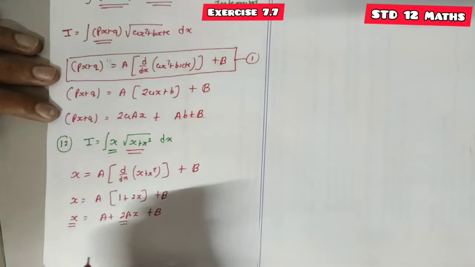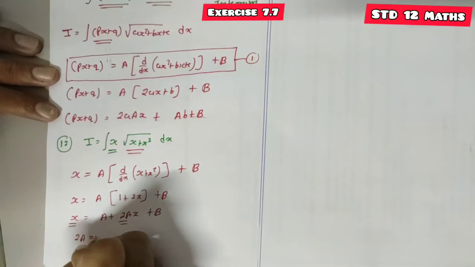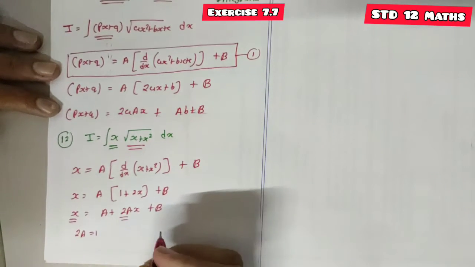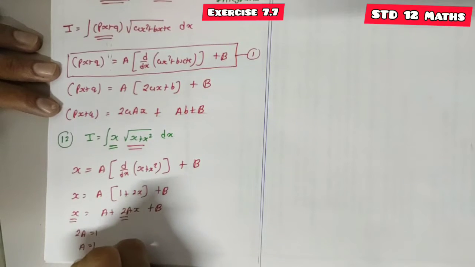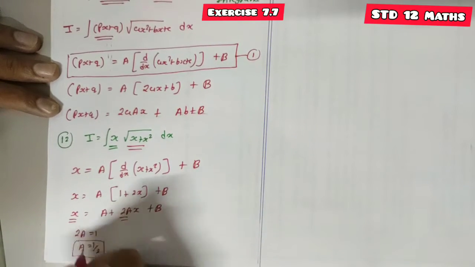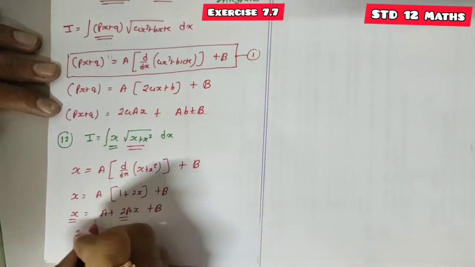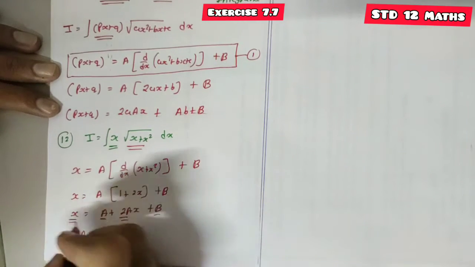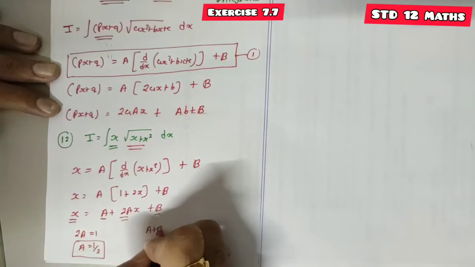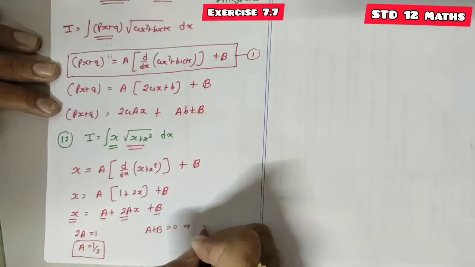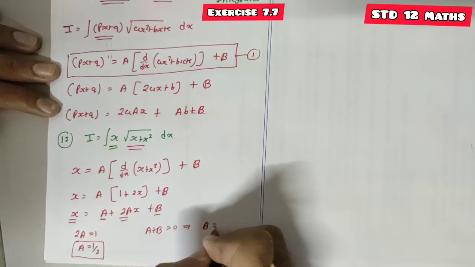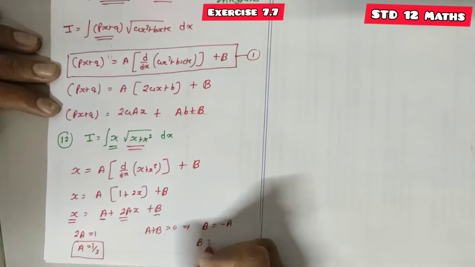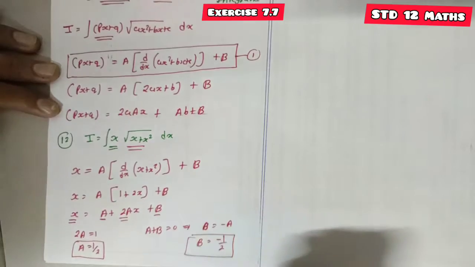And therefore we can write 2a equal to 1, and therefore a equal to 1 by 2. And this a plus b, compare with the left hand side, which is constant term, so it is 0. Therefore we can write b equal to minus a, and therefore b equal to minus 1 by 2. So value of b is minus 1 by 2.